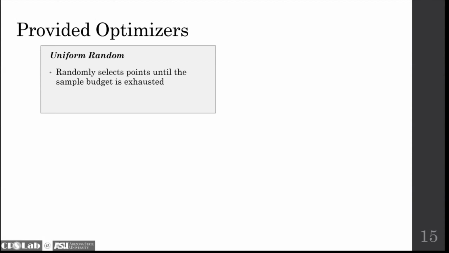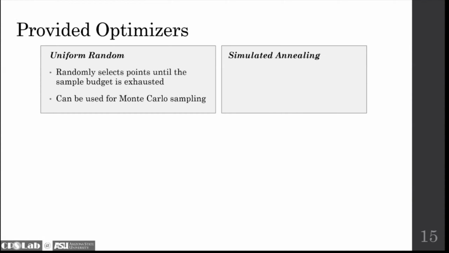The SciTallyRow package provides three different optimizers. The first optimizer is the uniform random optimizer, which randomly selects samples until the sample budget is exhausted. The uniform random optimizer can be used for Monte Carlo sampling. The second optimizer is the simulated annealing optimizer, which implements general simulated annealing and is built using the SciPy library.